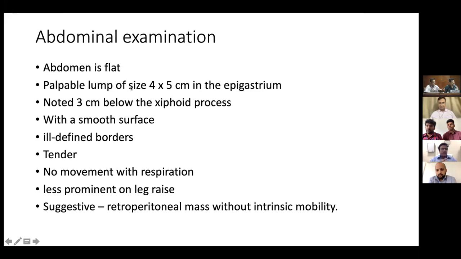So what do you think this lump is? Sir, pancreatic fluid collection, sir. Since it is retroperitoneal and the patient also had a history suggestive of pancreatitis, the most likely cause is a peripancreatic fluid collection. So do you have any differential, or do you think this is a clear-cut peripancreatic fluid collection, what you are seeing?